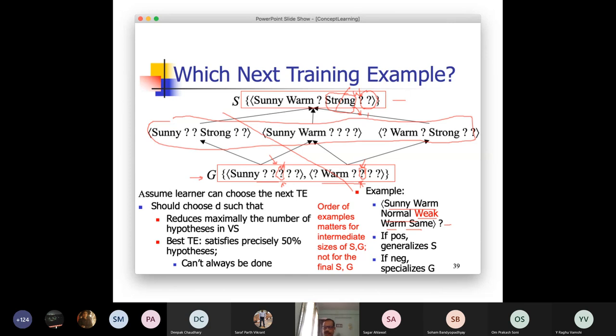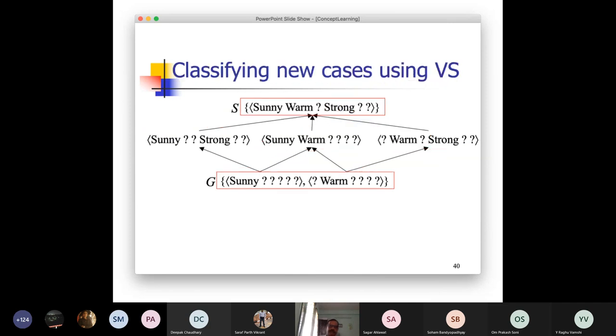If you consider the whole training example set, whatever it is, once you visit all the elements in the algorithm and update S and G, the final result will be the same. Now, there is another interesting aspect when you are using this version space.